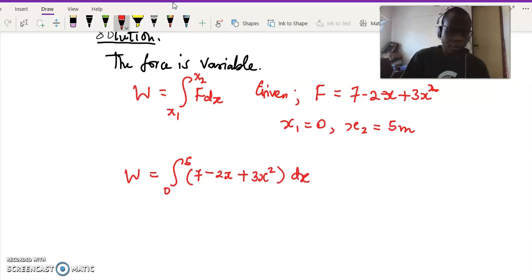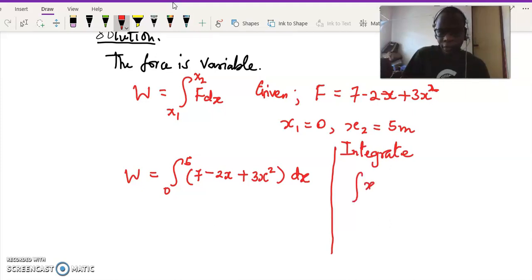So we're going to integrate this equation. Remember integration, this is what you usually do.